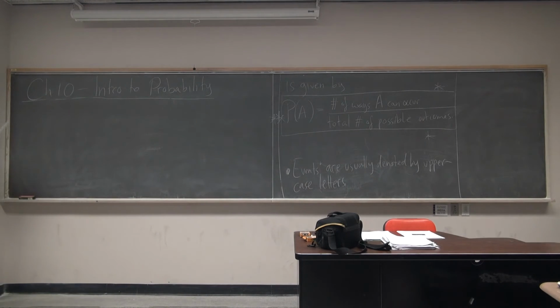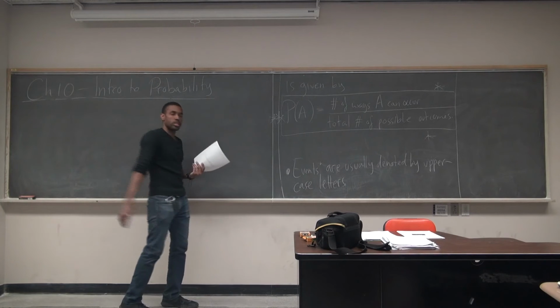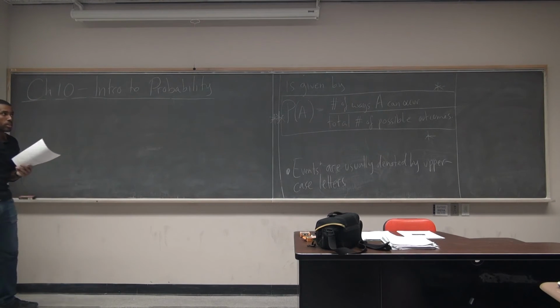Is this related to NCR or NPR? Ultimately, when we're going to want to find probabilities in more complex scenarios, sometimes this equation is not enough. So there are going to be scenarios when we're going to use things like NCR and all that stuff.